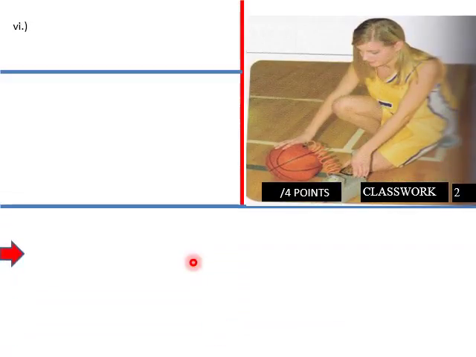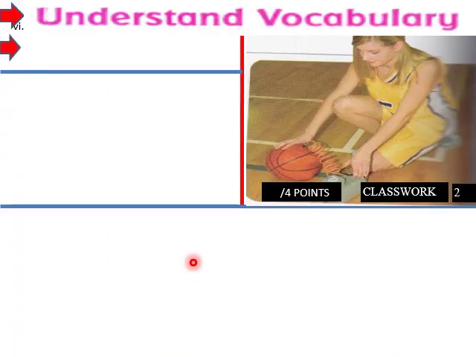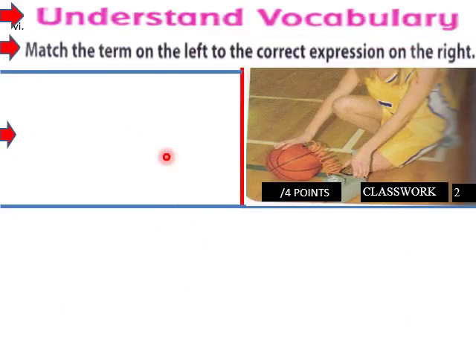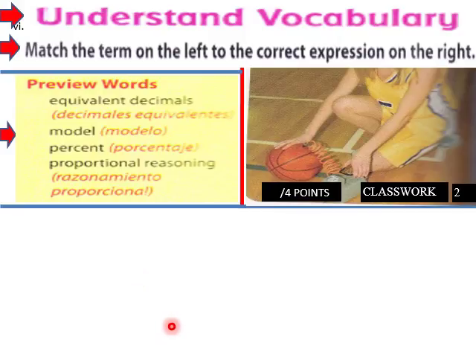Page 2 of our classwork here, understanding vocabulary. Match the term on the left to the correct expression on the right. So here are our preview words: equivalent decimals, model, percent, and proportional reasoning. Here are our new preview words.